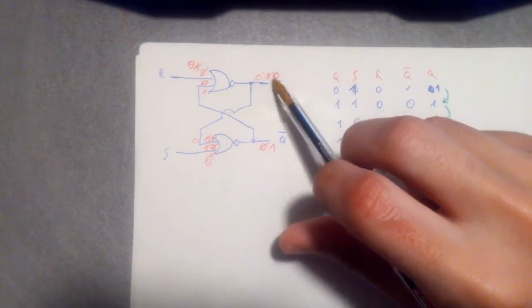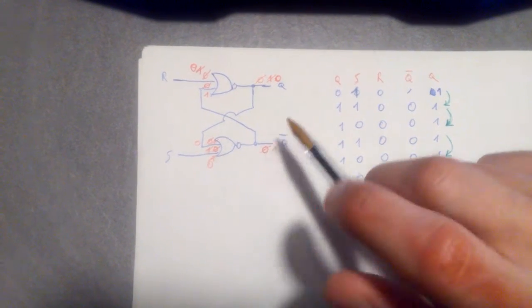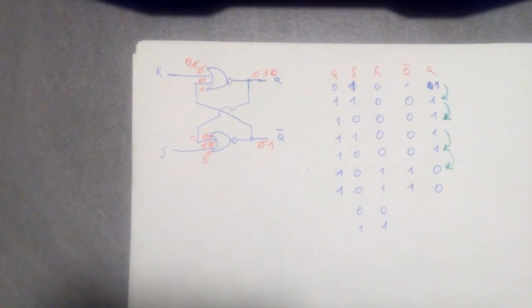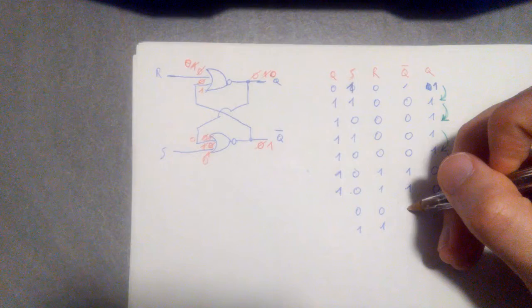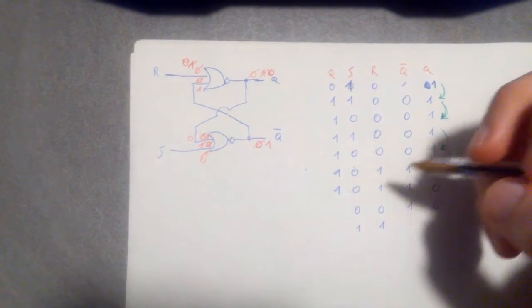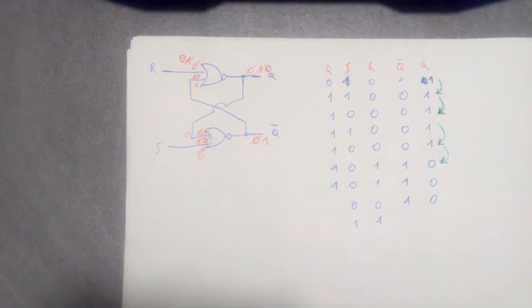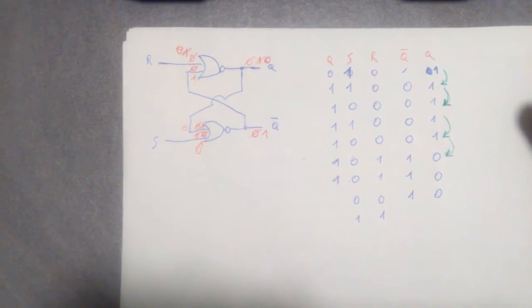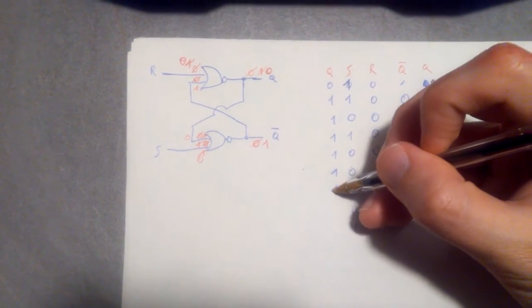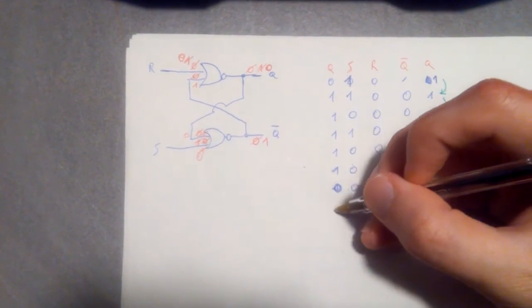So this input here is still going to be a 0, so we get 1 and it's not going to change. So it's just going to stay in the state. Well, actually this one should be a 0, sorry about that. So we'll get a 0.